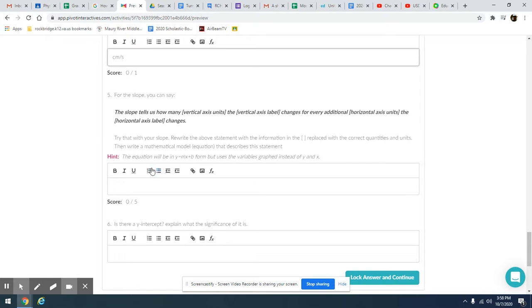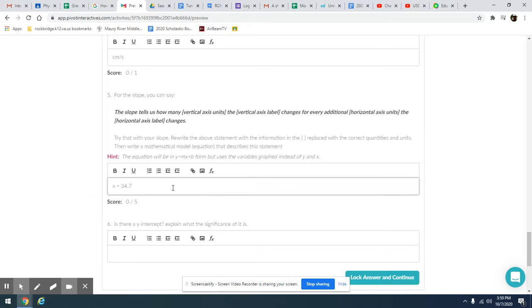And for here, what do they want? The equation will be, so here I want to have x, which is my position, equals, my slope was 34.7. Is this enter formula?